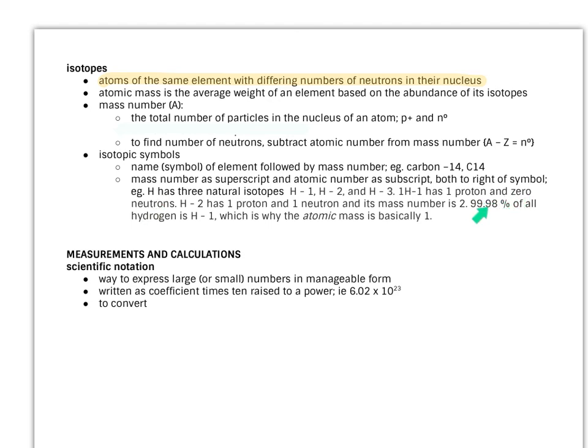So they figured out 99.98%, which is nearly 100% of it, is this one isotope. But there can occasionally be H2 or H3 in very, very trace amounts.